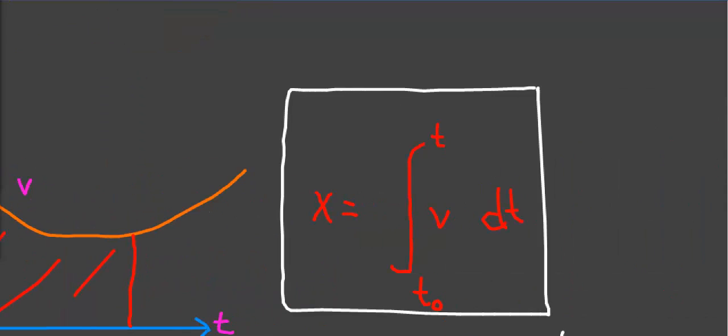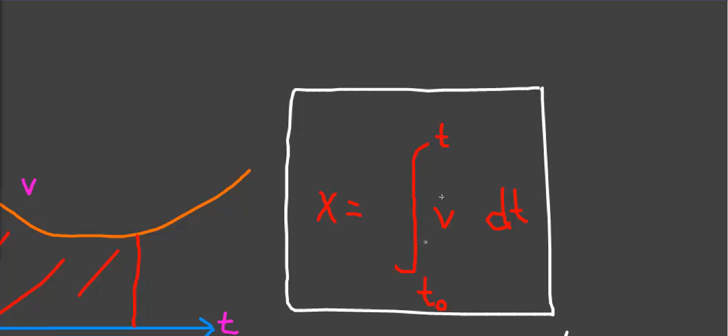Our x function is an integration over our velocity. And we start from our t0, go to our t, and we integrate over our velocity function. Now one interesting thing is, if we substitute t0 right here, then we have the integral from t0 to t0, and that's 0. And we have x is equal to 0.